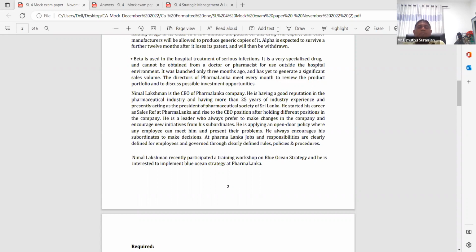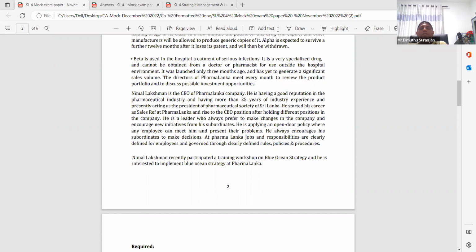So he has become a CEO, right? So initially he was having a career with the same organization. Maybe start the career from the ground level, right? It's given sales rep, the ground level, the lowest level. And after so many years, he has become the CEO.